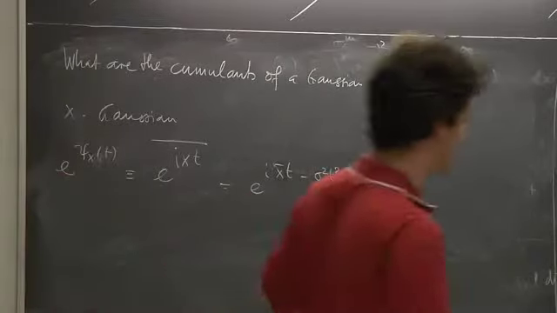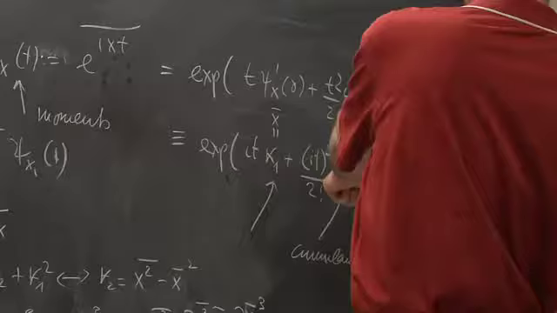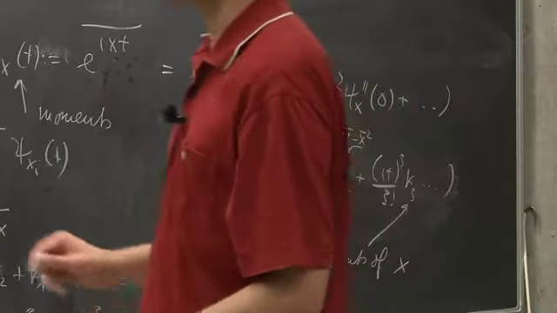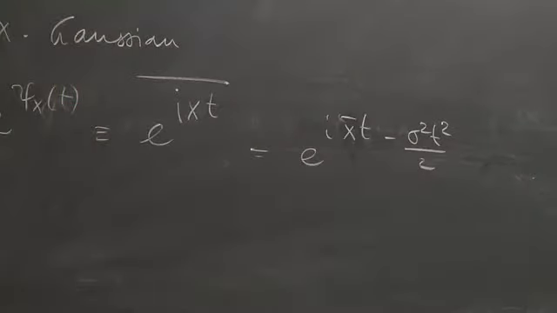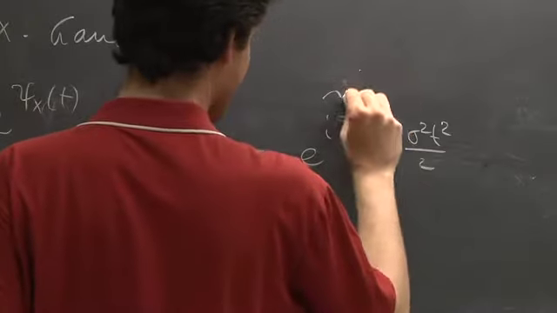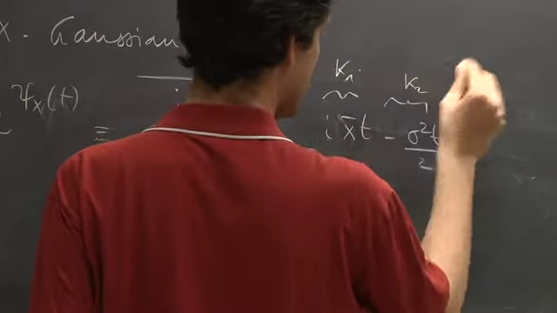Now let's go back to the definition of what cumulants are. The cumulants are just the coefficients of the power series expansion in the exponent. And what you see here is that here is the first cumulant, here is the second cumulant.